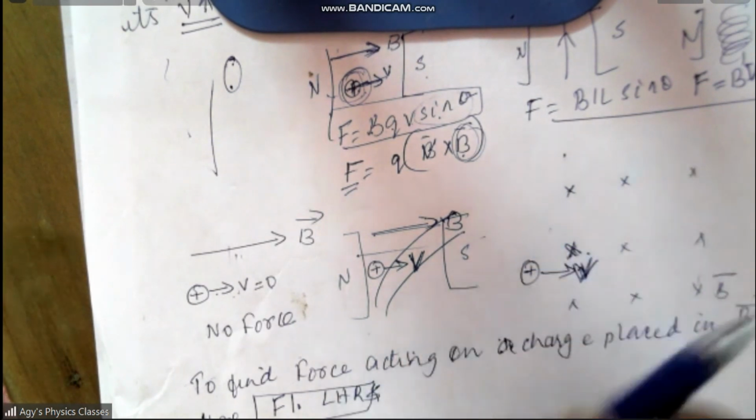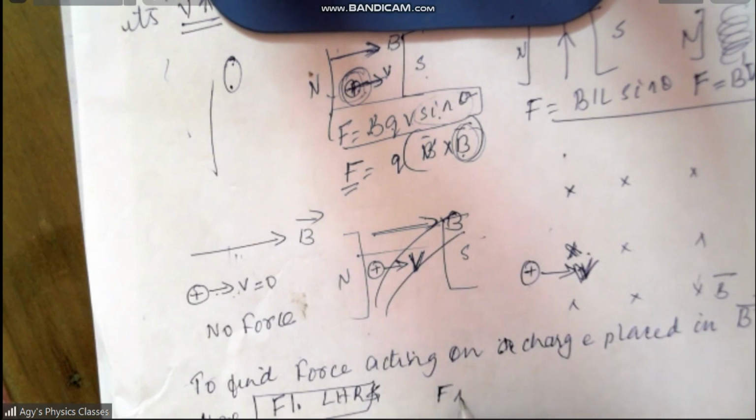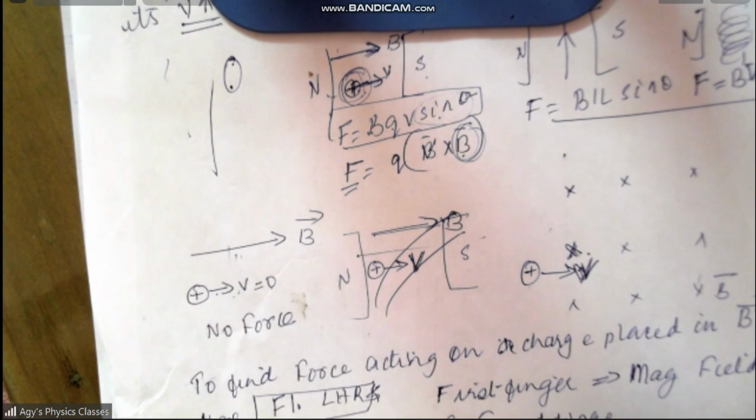Fleming's left hand rule says that if the first finger shows the magnetic field, first finger for field, second finger for current, current is from positive to negative, then the thumb will cause a force.